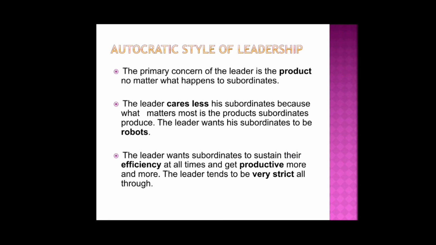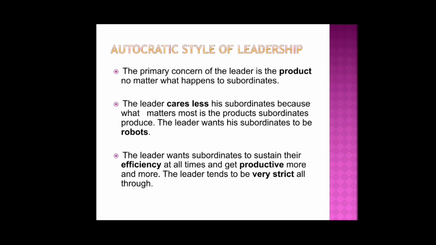The next one is the autocratic style of leadership. In this style, there is very negative thinking from the leader, because they are only concerned about the product, no matter what happens to subordinates. The leader cares less about his subordinates, because what matters most is the products the subordinates produce.